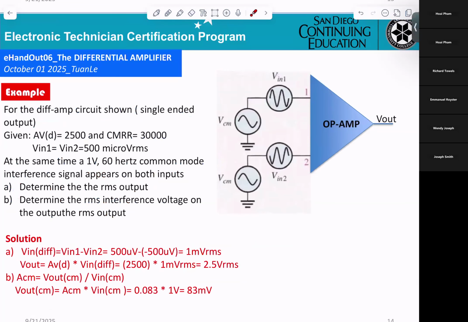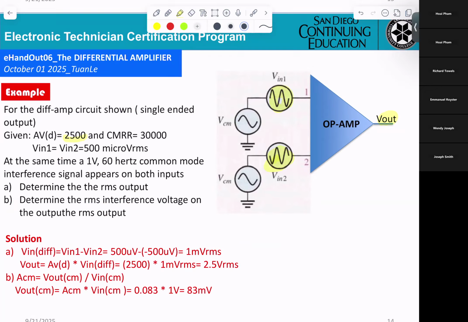Another example. Now you can see this example is different from the other one. The only thing is they apply input 1 and they apply input 2. That's the difference. Looking here, input 1 and input 2 will be opposite, different phase all the time. So for the differential amplifier, single-ended means only one output.